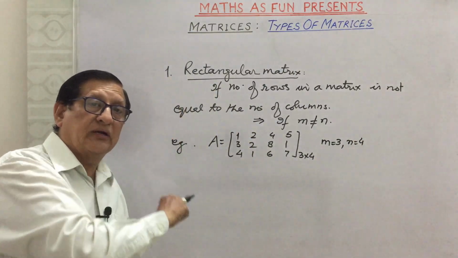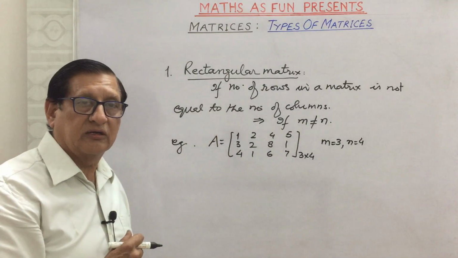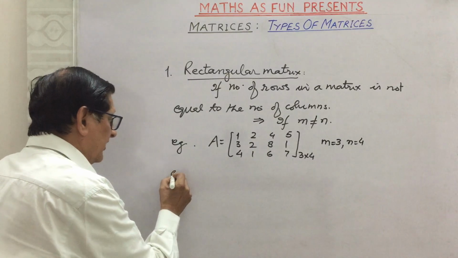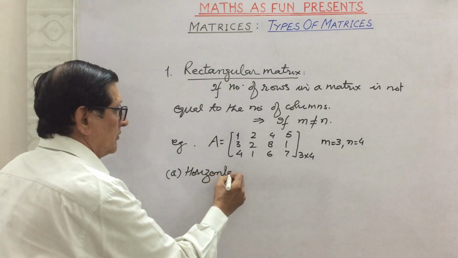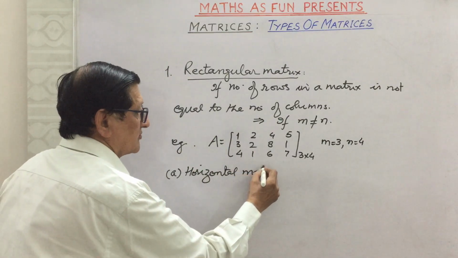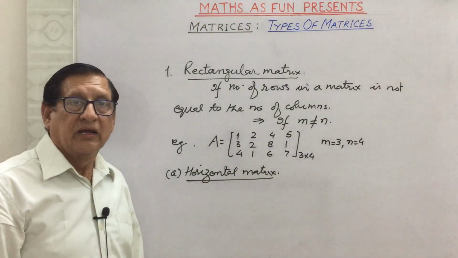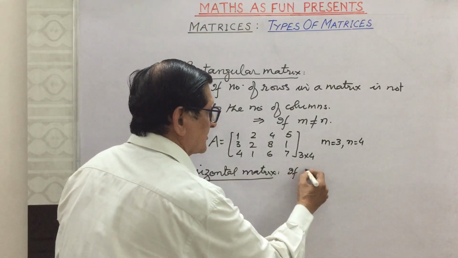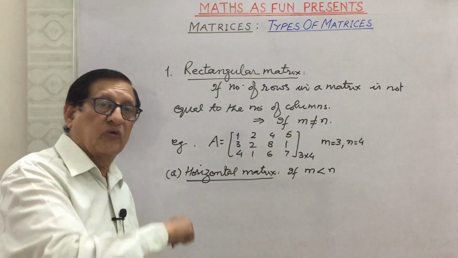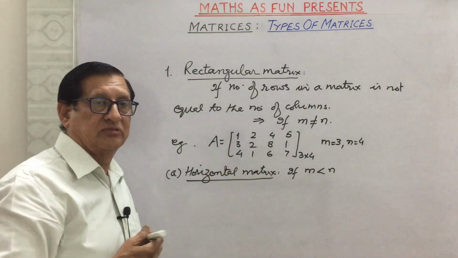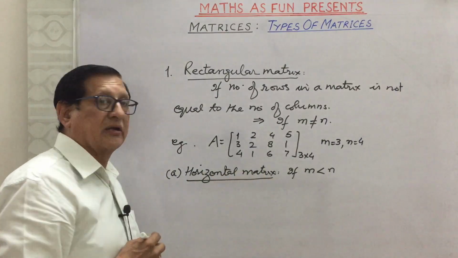In rectangular matrix also we divide them into two different categories. The one is known as horizontal matrix. What is that? If we find in a matrix M is less than N, means number of rows is less than number of columns, then we call it a horizontal matrix.